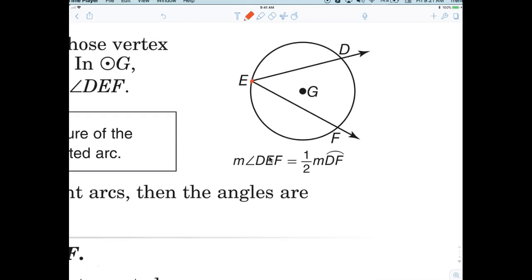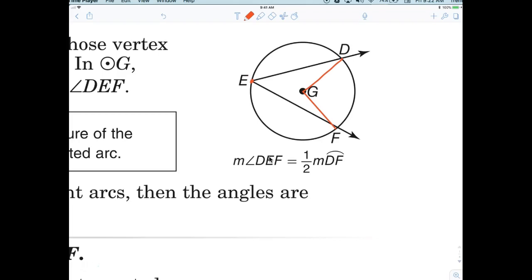Now, look up on the board so I can try to teach you how you can remember this. If I said D, G, F, and I ask you to compare that to D, E, F, what is true? Which one's larger? Does everybody agree the central angle is larger?